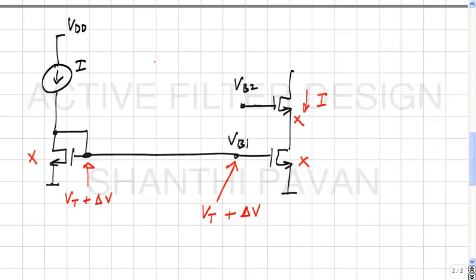So what one could do, this is I and this is X by 4.